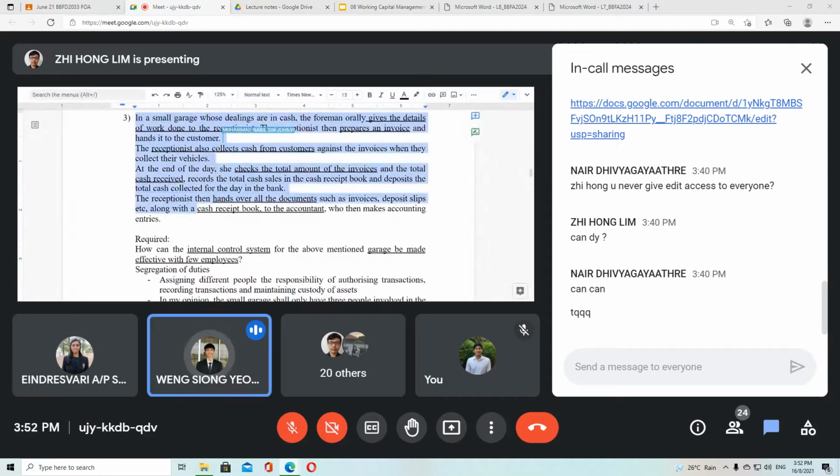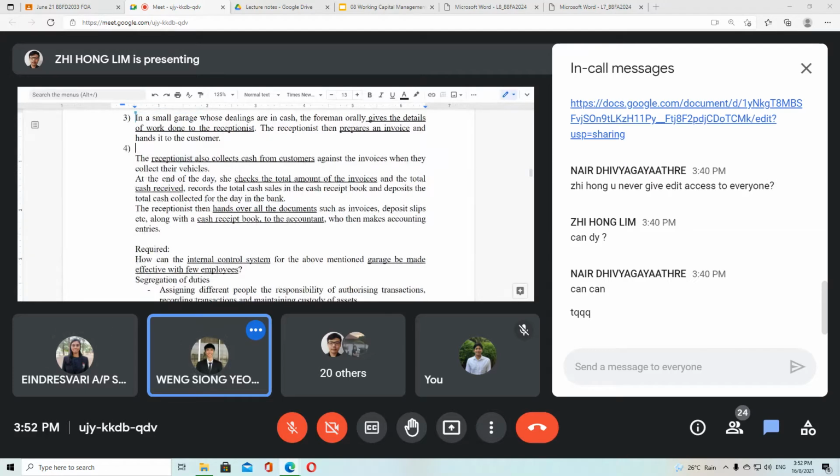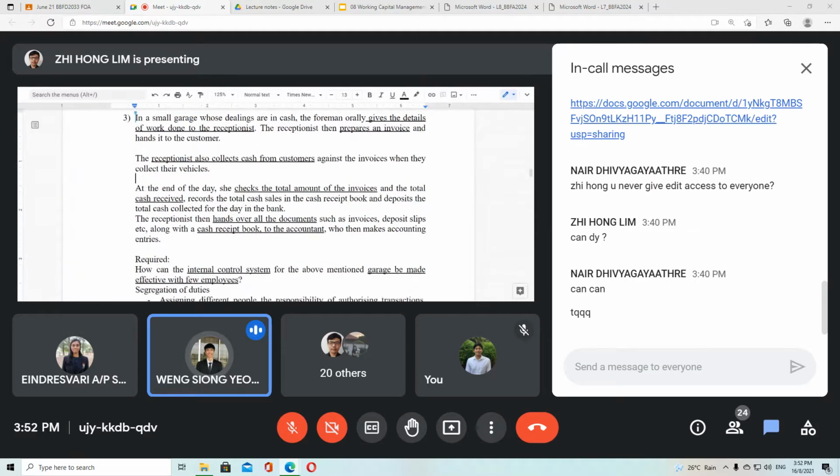The receptionist has to prepare the invoice, then collect cash from the customer. Then at the end of the day, she will check the total amount of the invoices and the cash received. Then the receptionist will hand over all the documents to the accountant who makes the accounting entries.